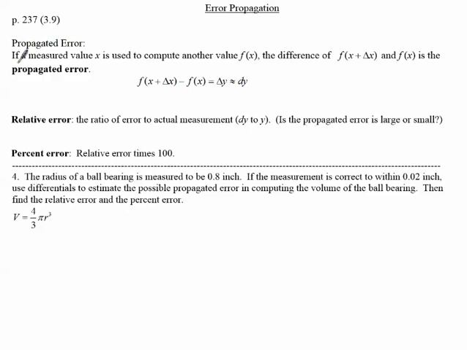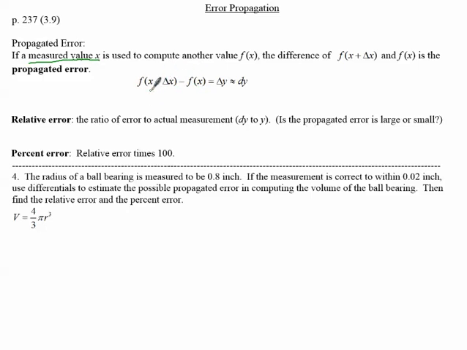Propagated error. If a measured value x is used to compute another value f of x, the difference of f of x plus delta x and f of x is the propagated error. That's what this shows here, the difference of f of x plus delta x and f of x.